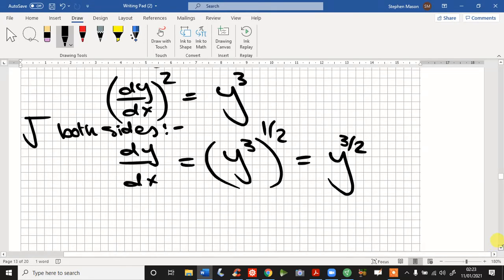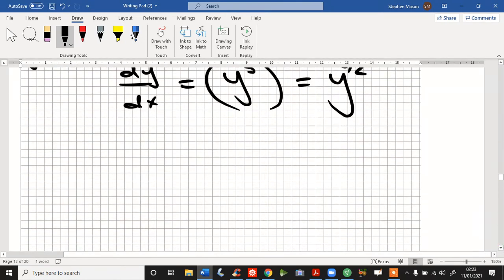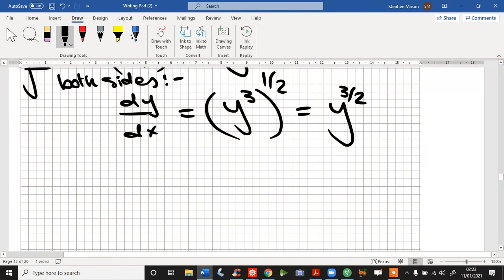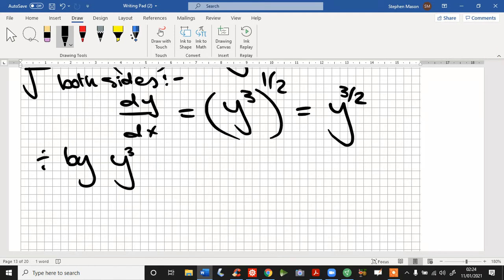Now this equation is actually separable for the purposes of solving it further. So what we do is we divide both sides by y to the power 3 over 2 and multiply both sides by dx.